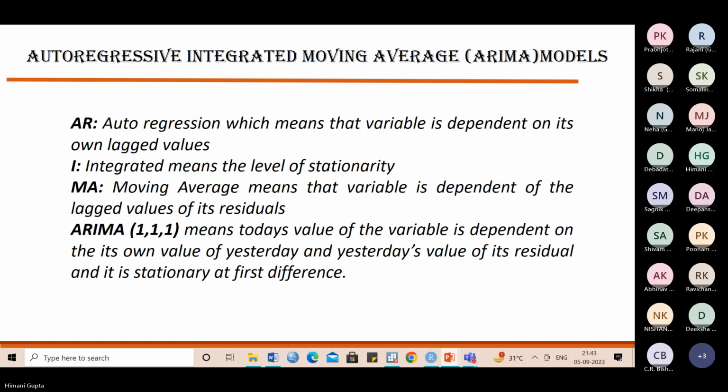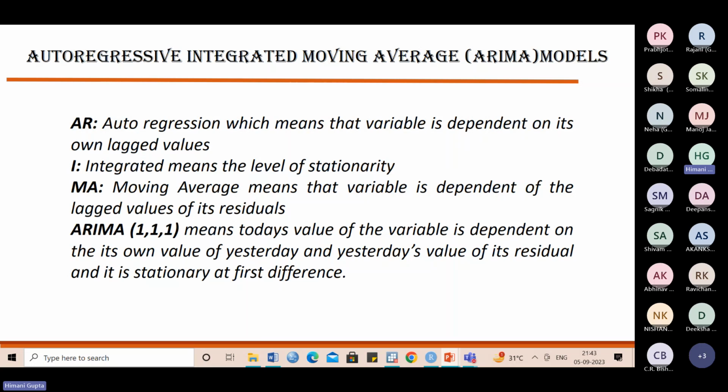When we are using the price data, we take it as a return series. But is this return series integrated at 1 or is it stationary?